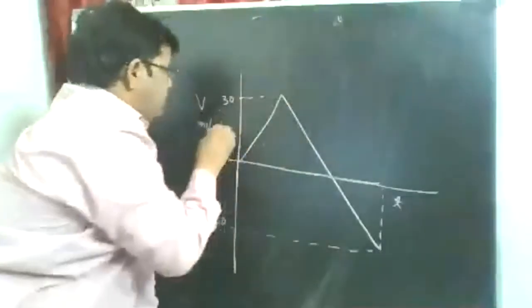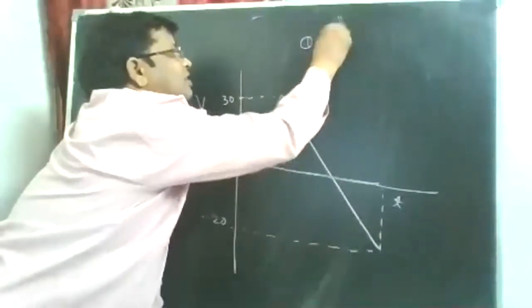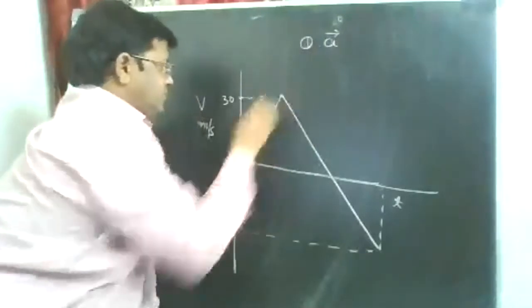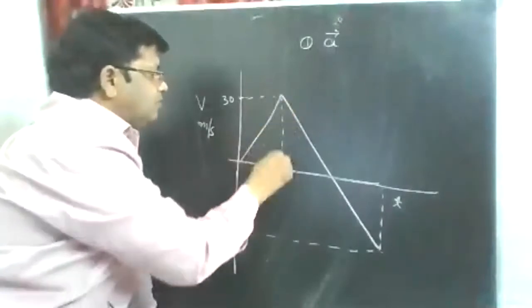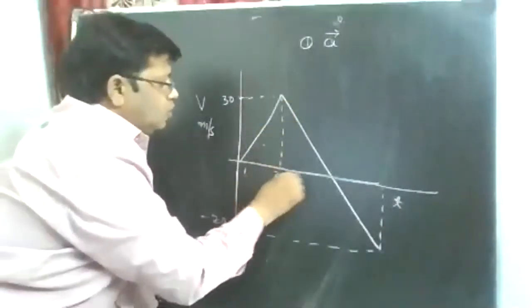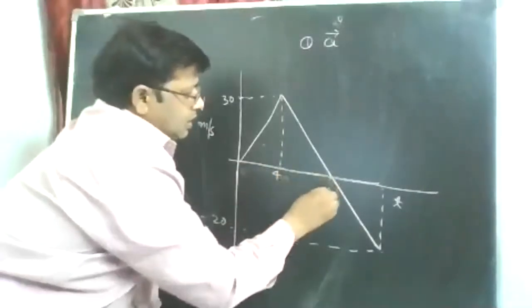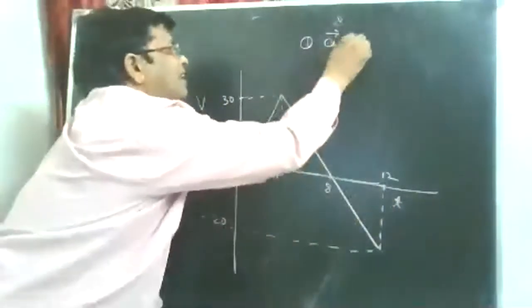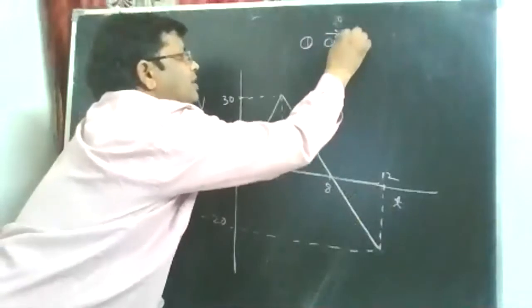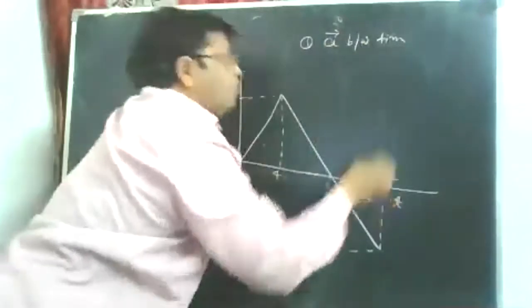First tell me, there are so many questions here. Velocity is in meter per second. First question: determine the acceleration between time 4 to 12 second.